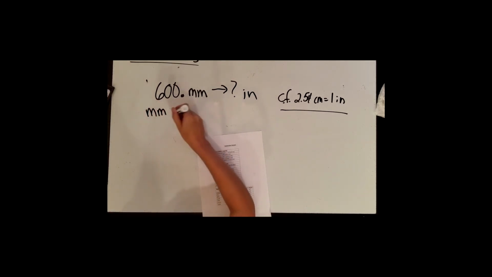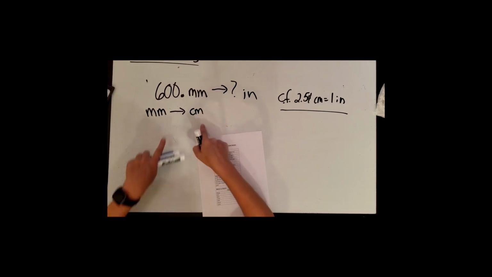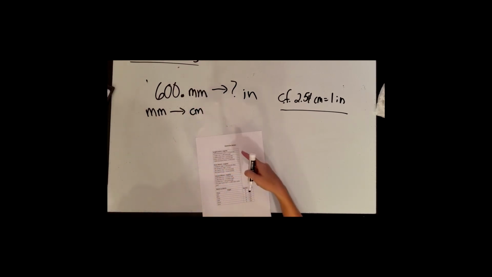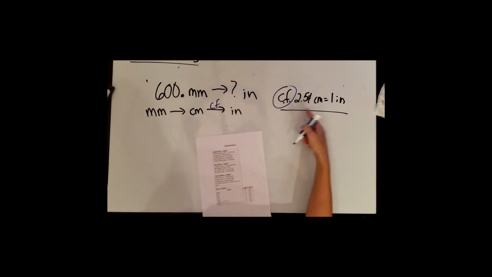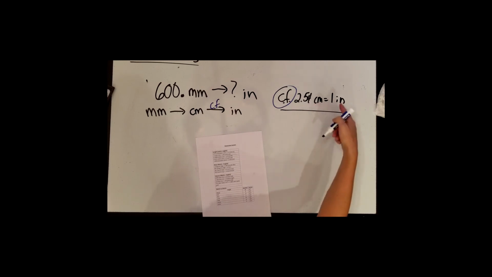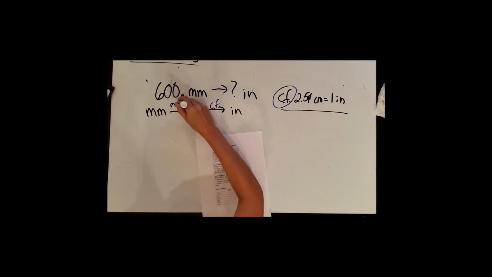I can go from millimeters to centimeters using my scale, because this is metric to metric. And then I can get to inches using this conversion factor. So this step is going to be my conversion factor step that I found in the table, going from centimeters to inches. This first step, I'm going to move the decimal because it's metric to metric.